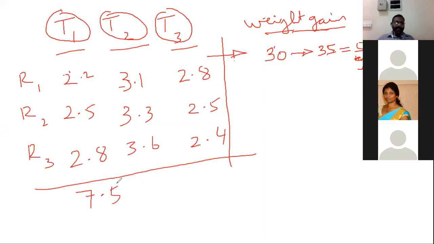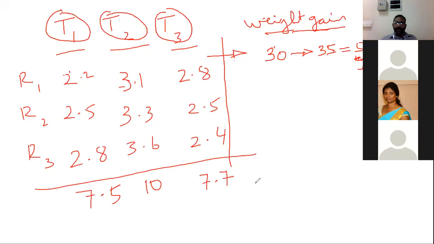Good. Okay. So that is what I said, I'm very poor in calculating. All right, 7.5. What about the second treatment total? 10. 10. Third treatment? 7.7. Right. Now this calculation is enough for the time being.